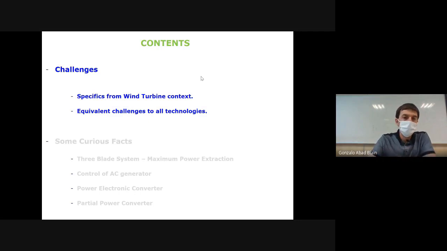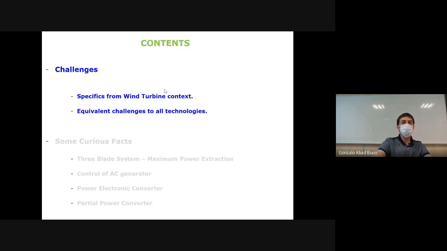But anyway, I often like to distinguish between the specific challenges that we can find within a specific technology, and the challenges that we can find in every single technology. I think that in wind turbine technology, it is easy to see it. So that's why I have divided into two parts.